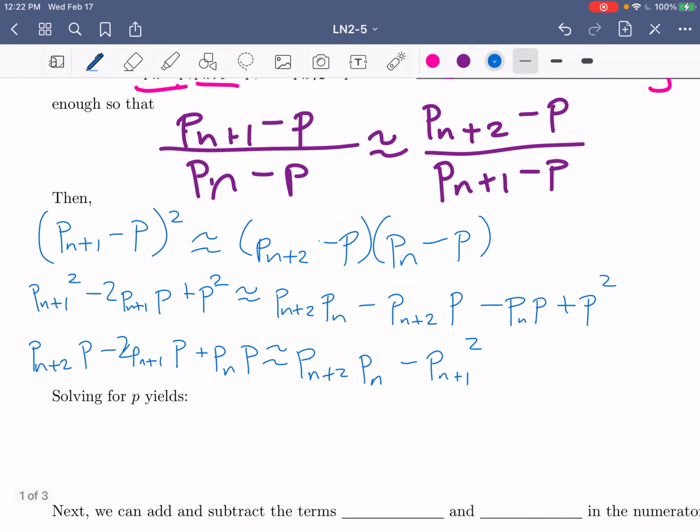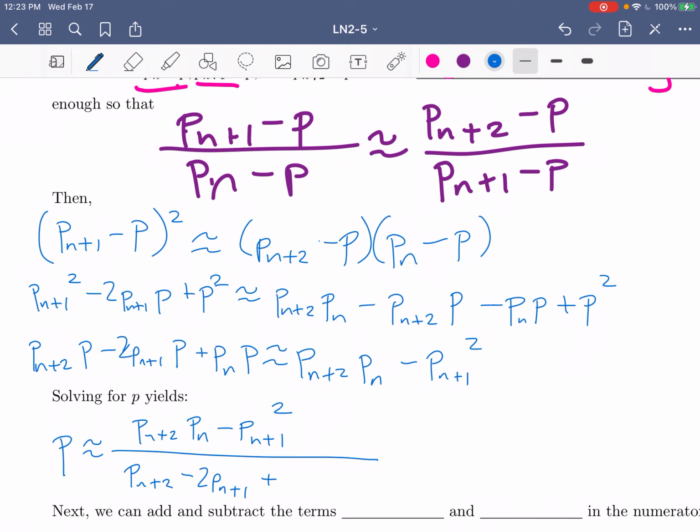And if we keep working through this and solve this for p, you can factor a p out on the left-hand side and then divide both sides. We get this value of p is approximately (p sub n plus 2 times p sub n minus p sub n plus 1 squared) all over (p sub n plus 2 minus 2 p sub n plus 1 plus p sub n).